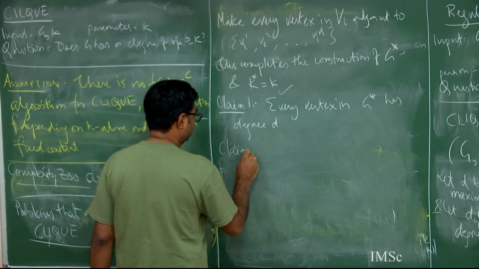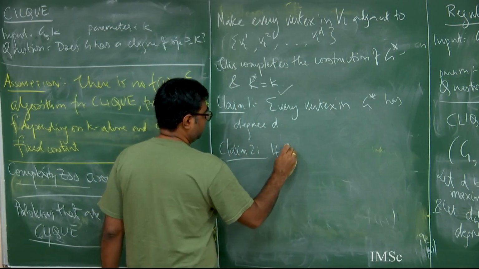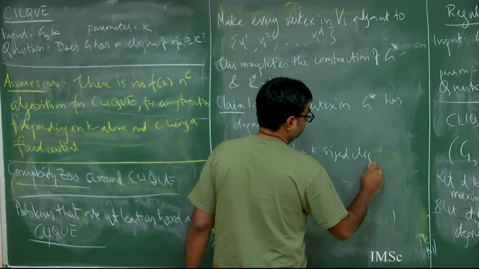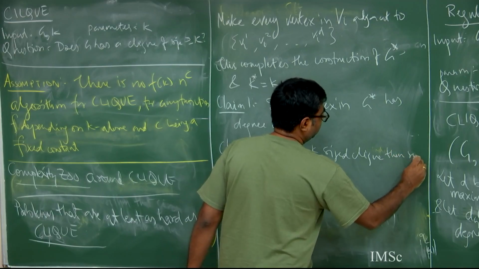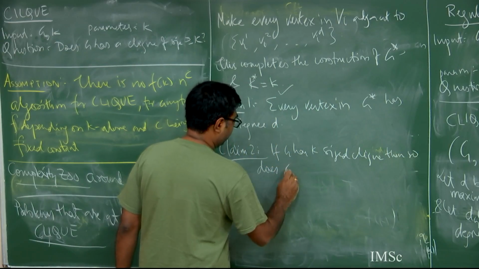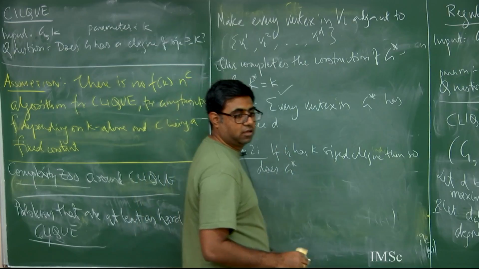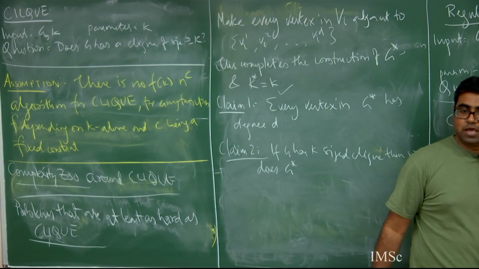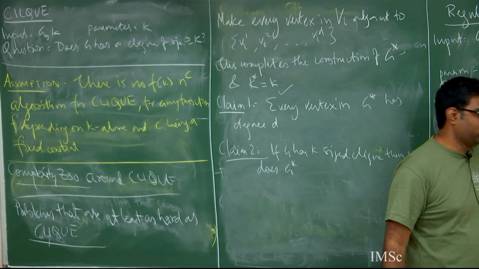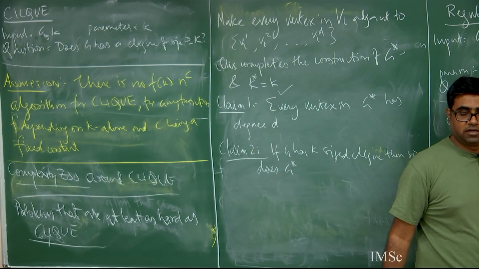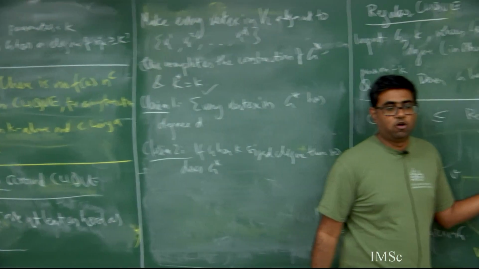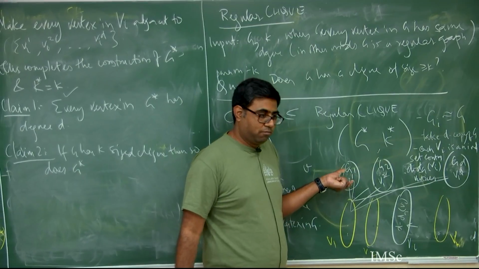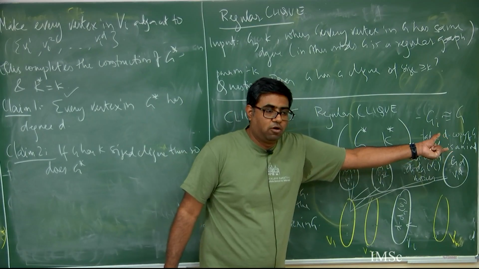Claim 2: if G has a k-sized clique, then so does G star. And this is trivial. If G has a clique, then each graph G_i is a copy of G. So just go to any copy and you will get this clique in that copy because each G_i is isomorphic to G. I will in fact have the clique of size k in all the D copies of the graph.